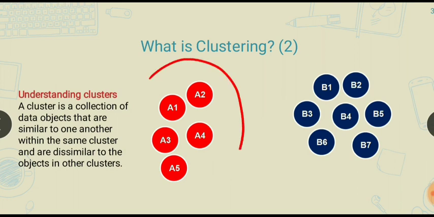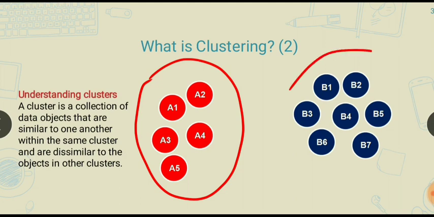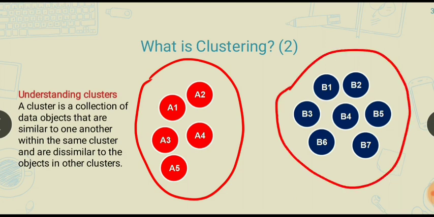The first one is cluster A and the second one is cluster B. According to this definition and also the definition of clustering, we have to ensure that every element in cluster A is similar to each other and, if possible, very highly similar to each other. Similarly, every data element in cluster B has to be highly similar to each other, but any data element from A should be as dissimilar as possible to any data element in cluster B.